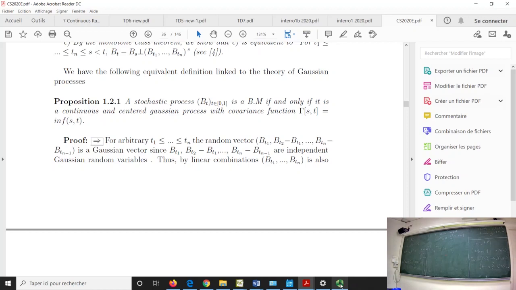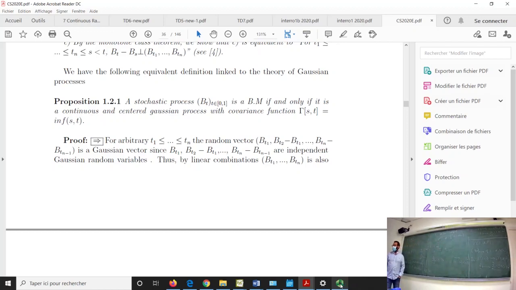In order to prove that, I have to consider this kind of linear combination, with n belonging to N star, and t1, ..., tn belonging to [0,T] to the power n.